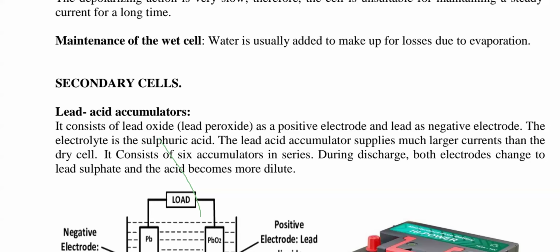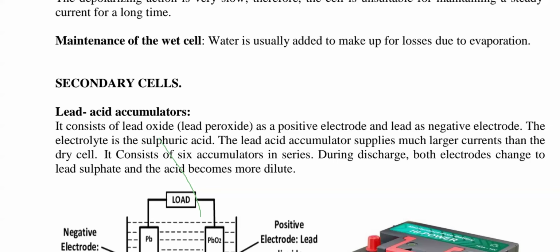So, we know according to the definition of secondary cells, you find that for this type of cells, after using it, you can be in position to charge it and it gains the energy and you are still in position to use it. Like the way we say batteries. That's why you have the lead acid accumulators.